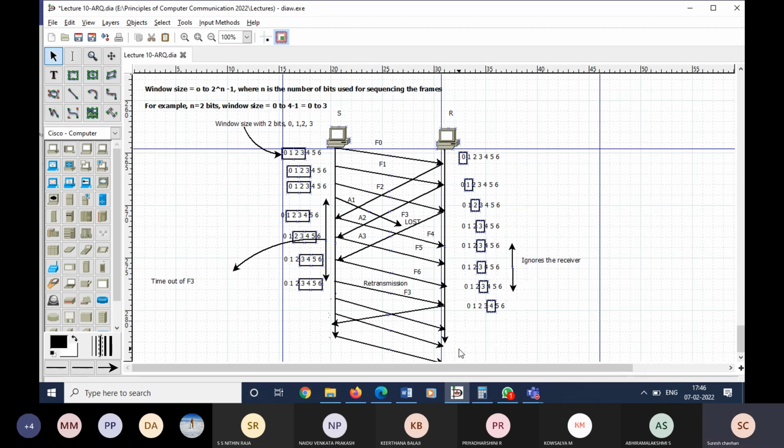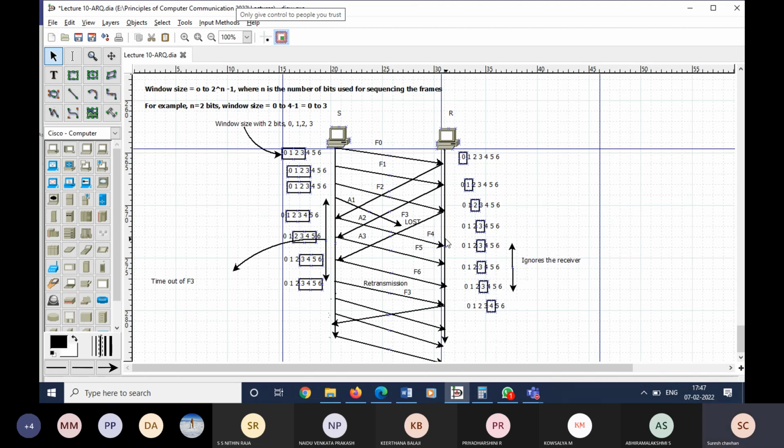But can you identify the problem involved in this ARQ? See here, the receiver ignores the frames.